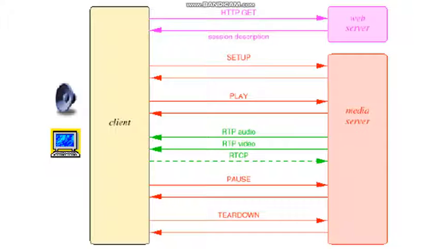These signals, which are setup, play, pause, and teardown, are the four kinds of RTSP signals, which are used to control the RTP streams. So basically, RTSP is used to control the data streaming of audio and video signals, and RTP is used in connection while playing and streaming audio on the internet.